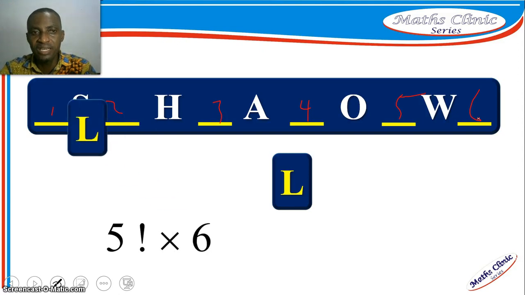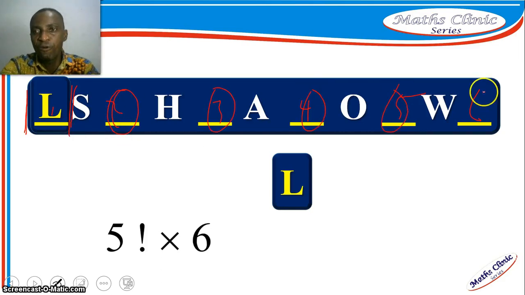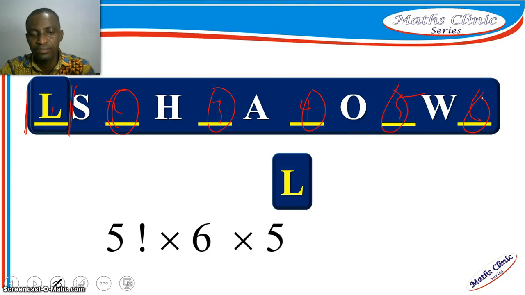Assuming we put the first letter here, then the second letter cannot be behind the first one or in front. So it has only the option of positioning itself 1, 2, 3, 4, 5, and then we multiply by 5.